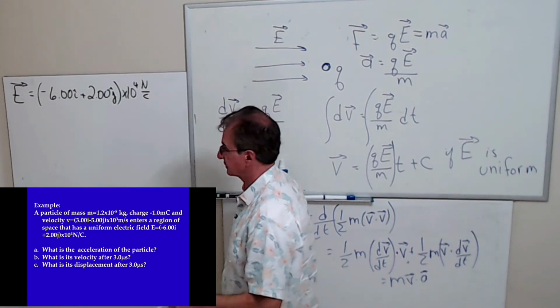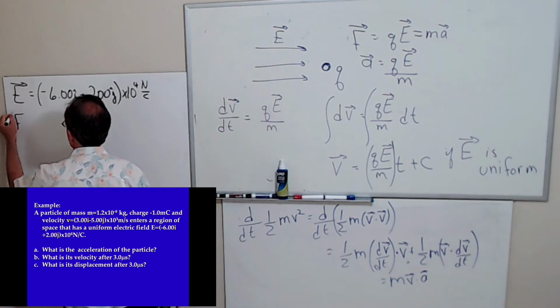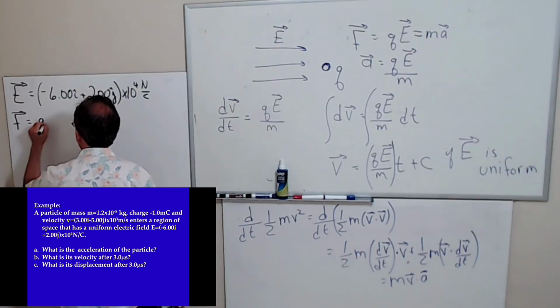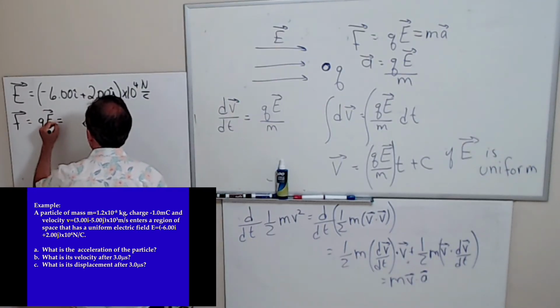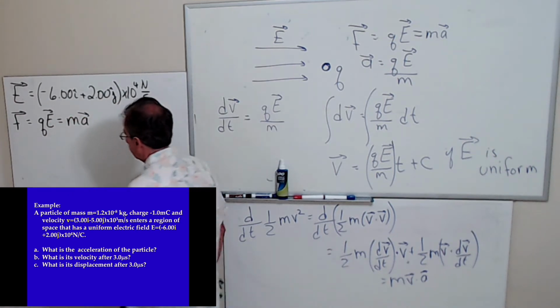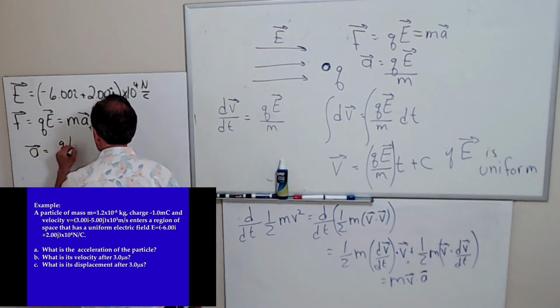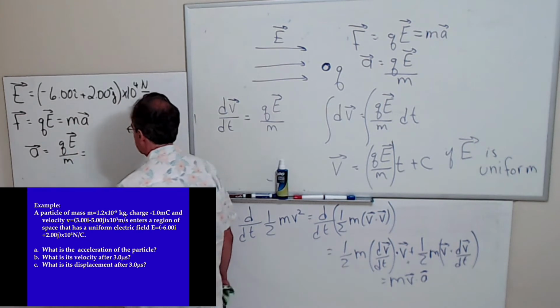And we're given the mass, etc. So we know that F is qE, and according to Newton's second law, that's equal to ma. So a is qE over m. And so now you can plug the numbers in.